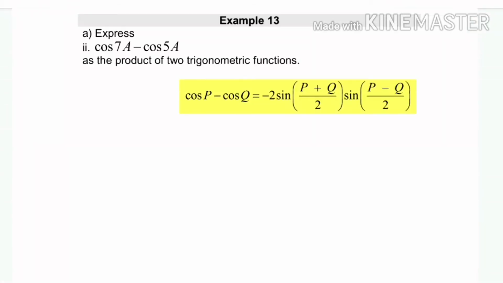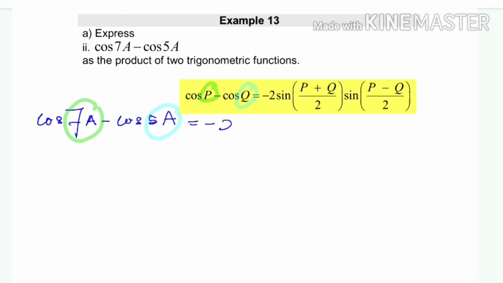Example 13a, part 2: express cos 7a minus cos 5a as the product of 2 trigonometric functions. Given cos 7a minus cos 5a, we use the cos P minus cos Q formula. From this, P equals 7a and Q equals 5a.